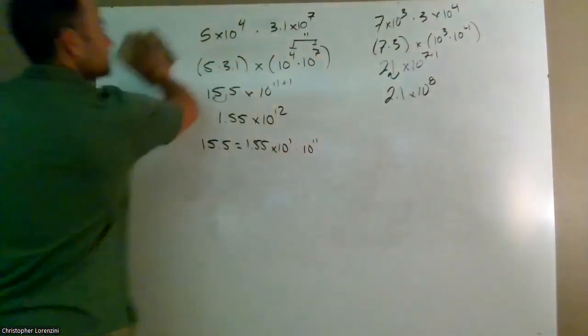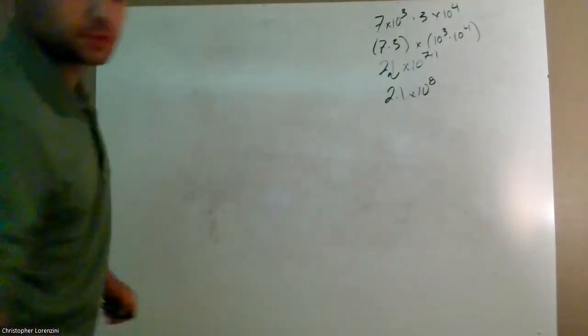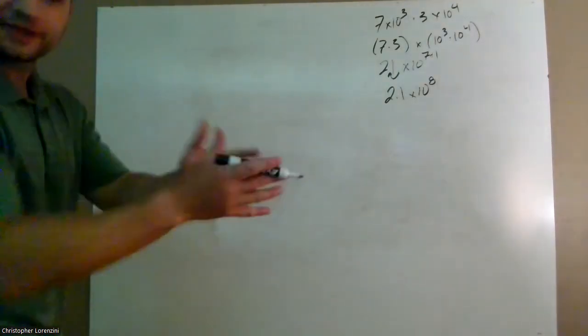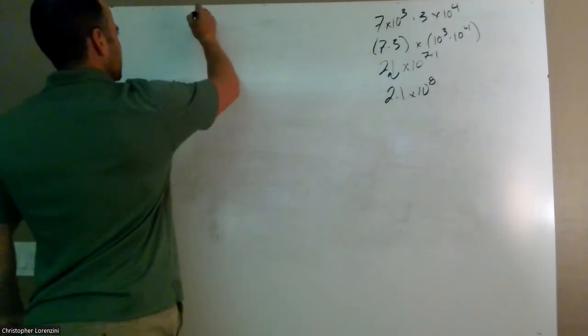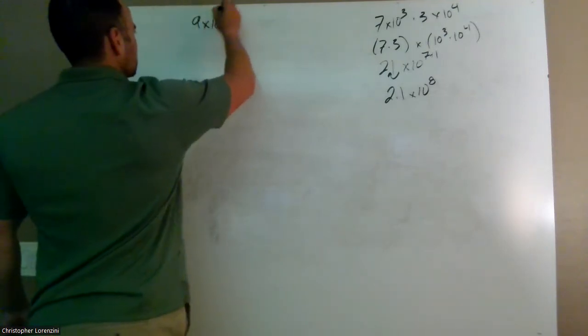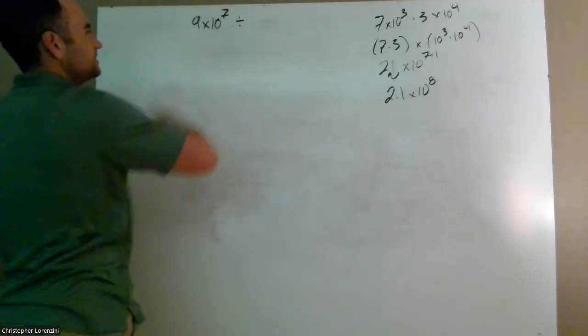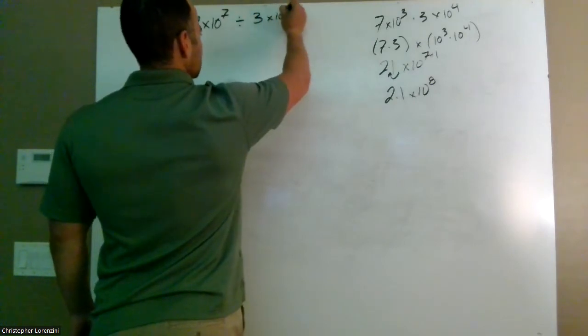All right. Next one we'll talk about is division. Division with exponents follows that same rule, except we use the division rule for exponents, but just about everything else follows the same suit. So let's do 9 times 10 to the 7th divided by 3 times 10 to the 2nd power.